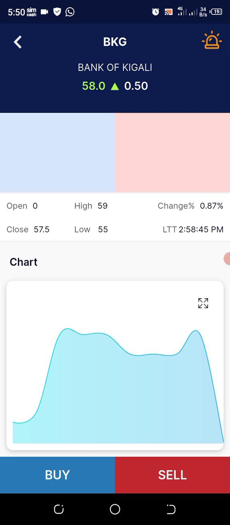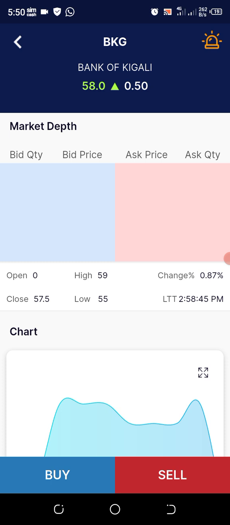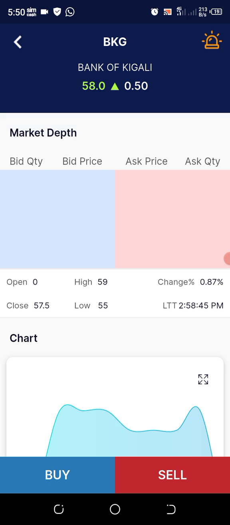When you look at the Bank of Kigali share, the lowest price it was traded at during that day was 55 Kenyan shillings. The highest price it managed to attain during that trading day is 59. Then we're looking at the closing price, which you can see is 58. It will depend on whether you are using the app or the web.